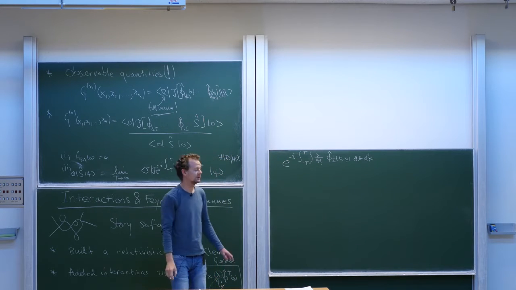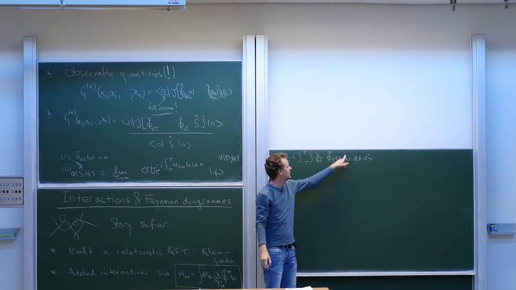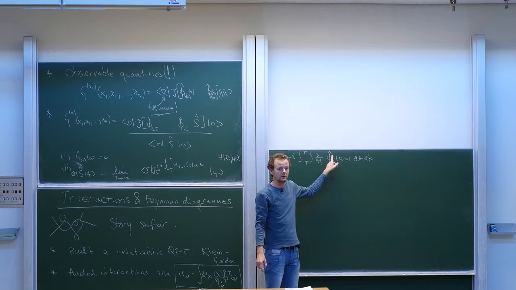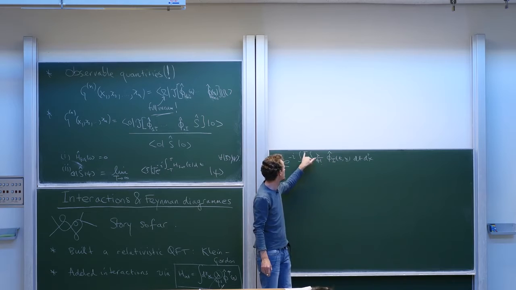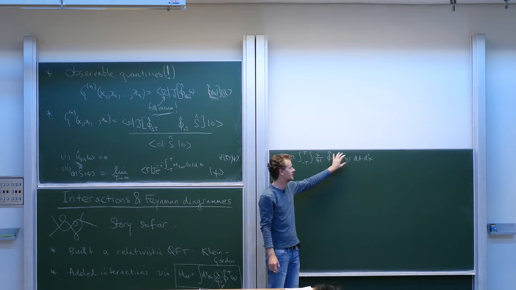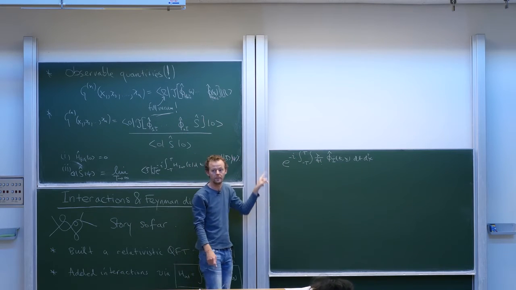So even inside this S operator here, we have the exponential of operators in the interaction picture. But we don't just have one, we have the integral over all time of these operators here. So if you start expanding this expression, this is before time ordering, see there's no time ordering here.